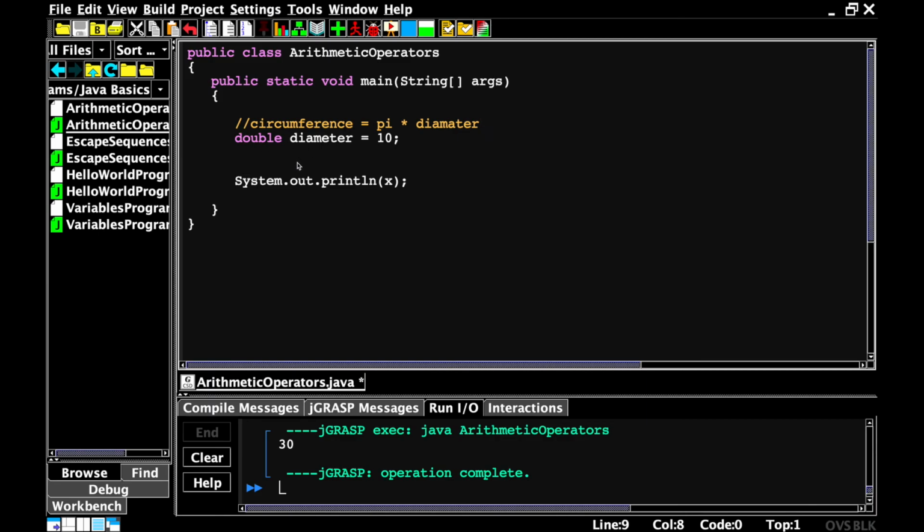So since we have our diameter, now what we can do is find the circumference. Now, I'm not going to actually write out the entire pi because pi is irrational, right? It's never ending. So we can just use a basic approximation, 3.14159, and then we can access the diameter, and then we can print out the circumference.